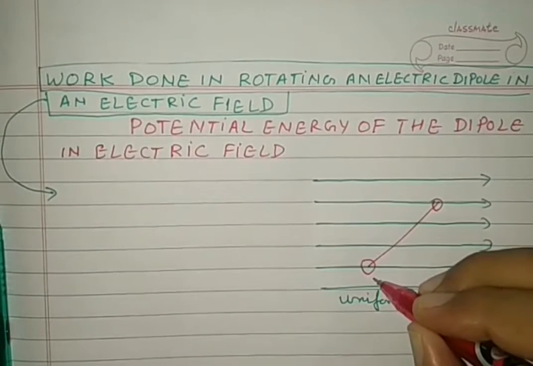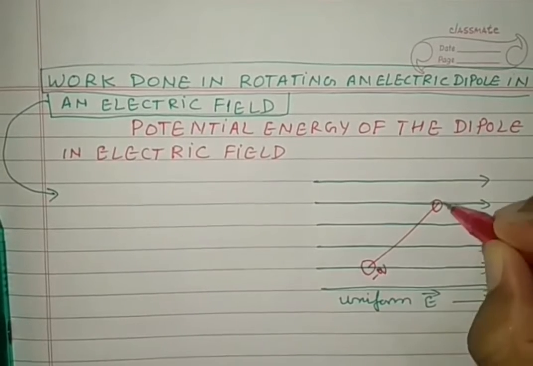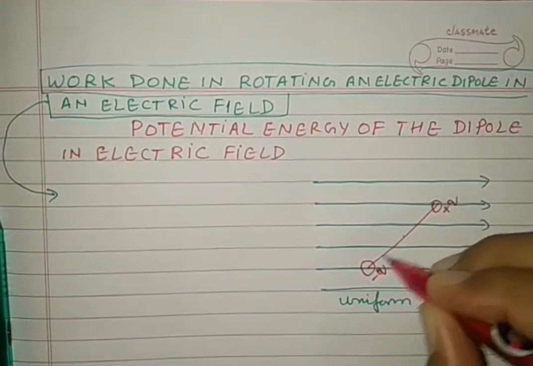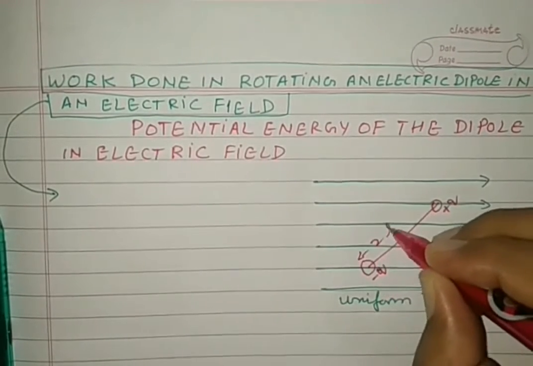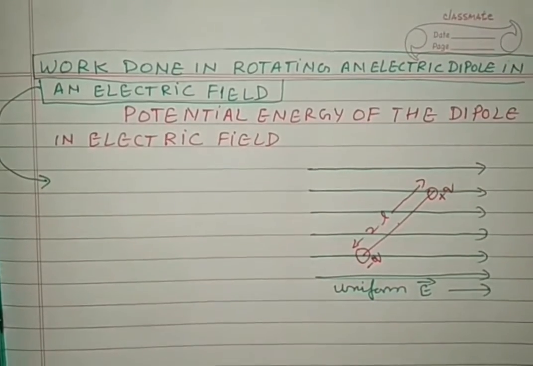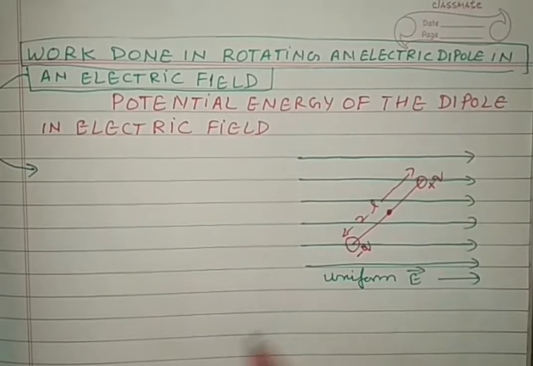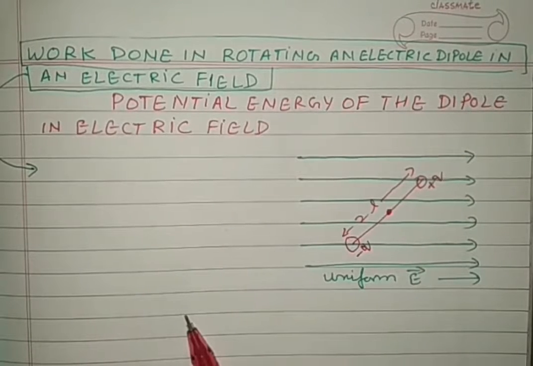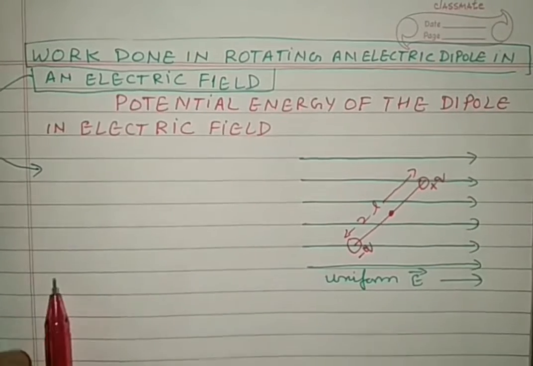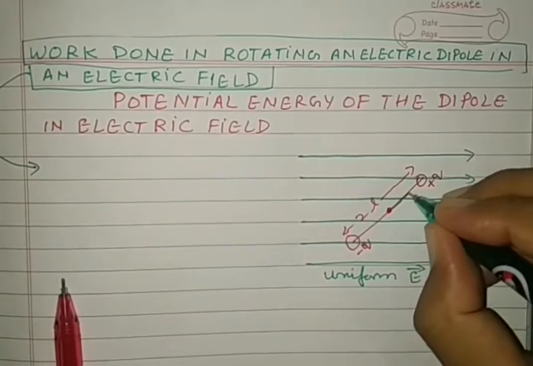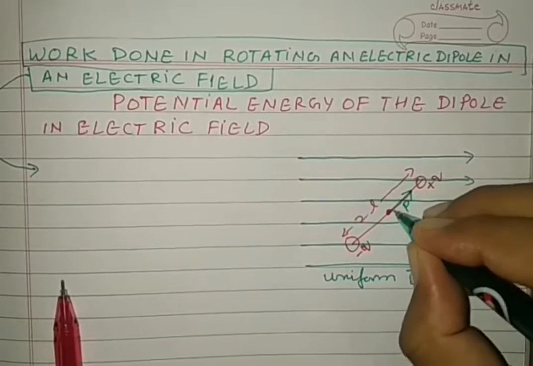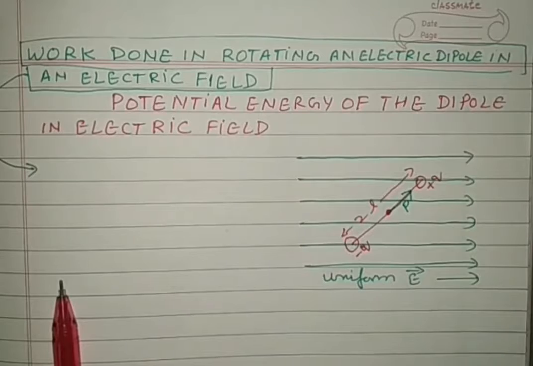Dipole is two equal and opposite charges separated by a finite distance 2L, which forms a dipole moment. This dipole moment, see carefully, is P in the direction from negative to positive.